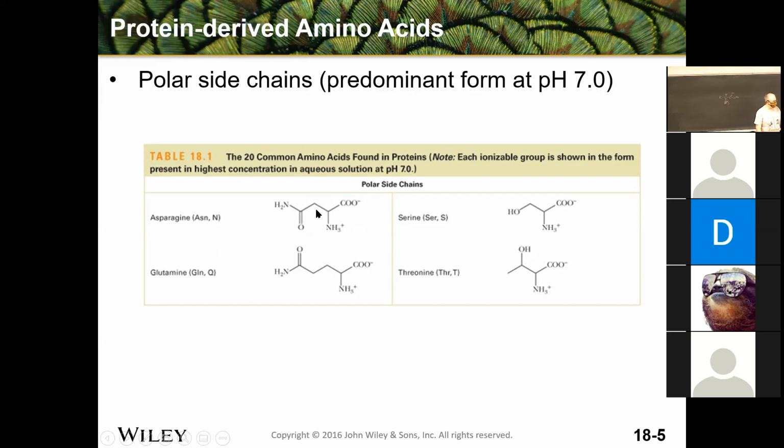So this has an amide group as the side chain. The amide nitrogen is not basic, but this group is polar. Glutamine, again, an amide group. Serine, where we have an alcohol. This is not basic, but it is polar. And then threonine, another alcohol group.